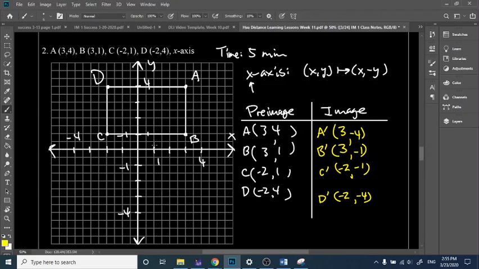Okay. Now we've got 3, negative 4, 3, negative 1, negative 2, negative 1, and negative 2, negative 4. So A prime, B prime, C prime, D prime. You just connect them together, and you have your image right there.